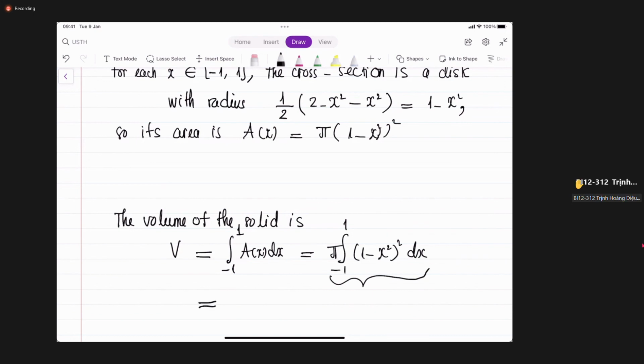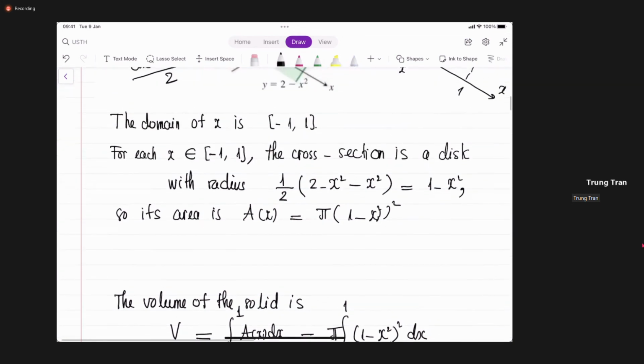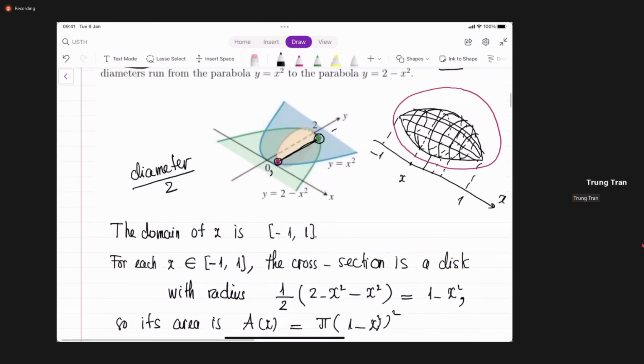The final result is 16 pi over 15. This is the answer for the problem.